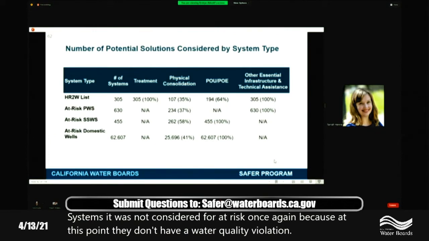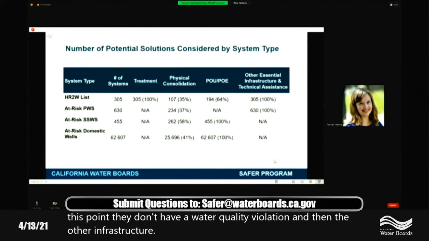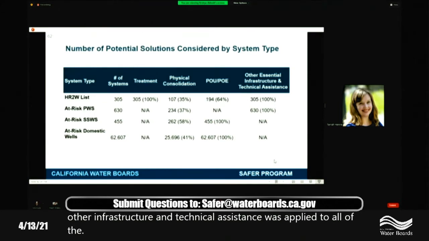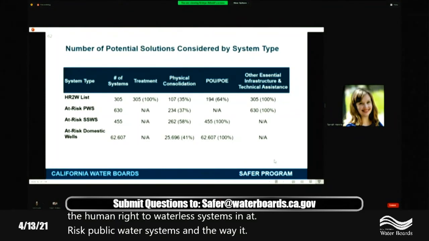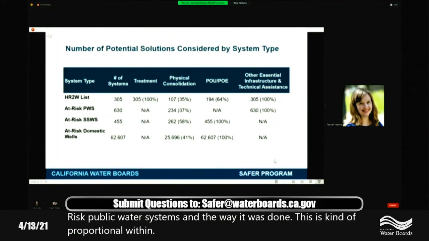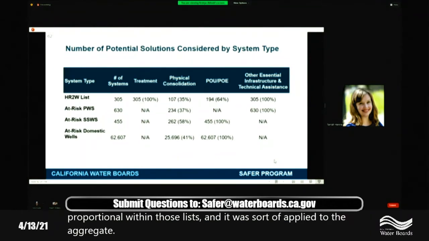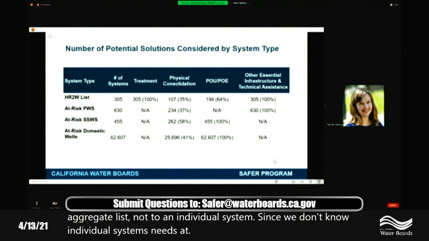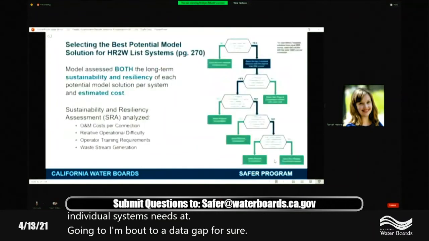And then the other infrastructure and technical assistance was applied to all of the human right to water list systems and at-risk public water systems. The way it was done is kind of proportional within those lists, and it was applied to the aggregate list, not to an individual system, since we don't know individual systems' needs at this point. That's a data gap for sure. Next slide.